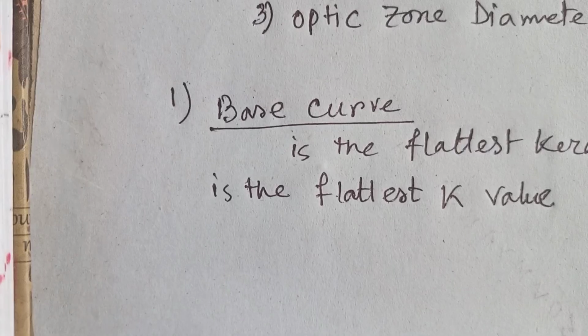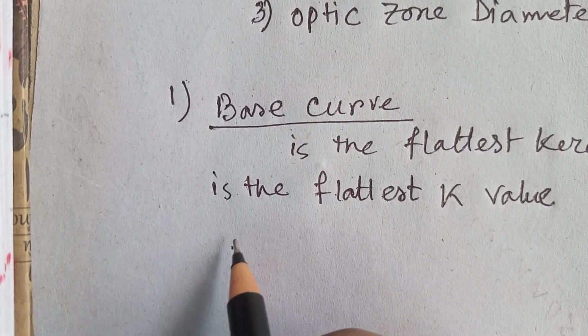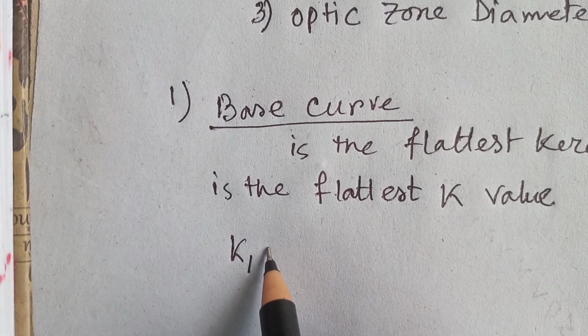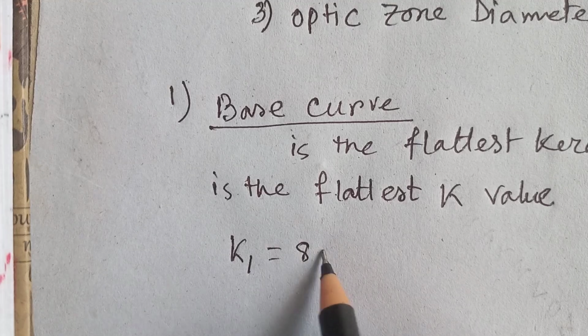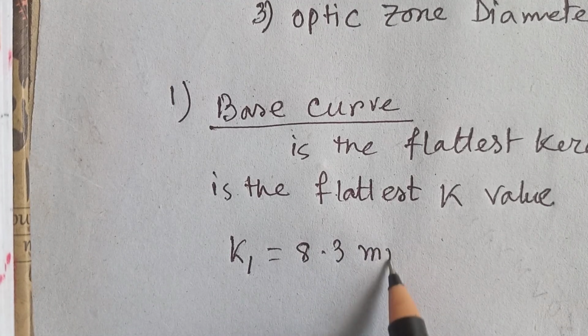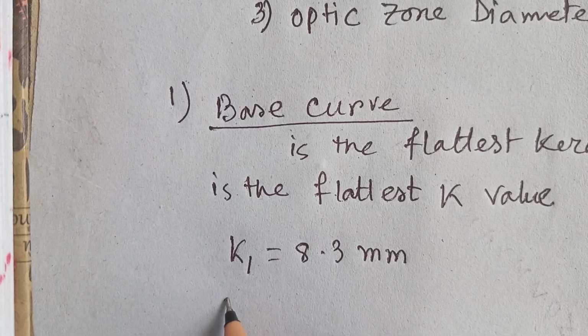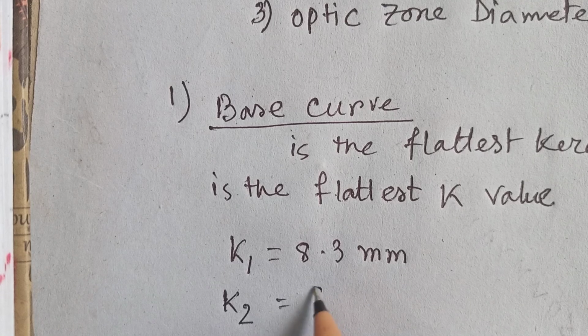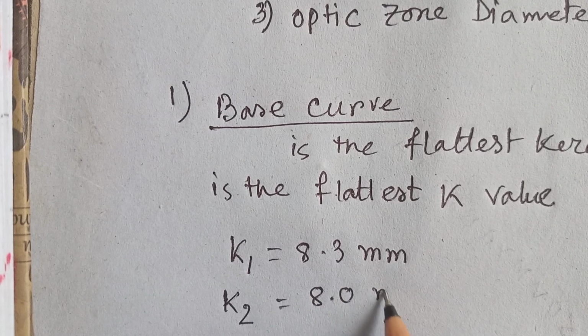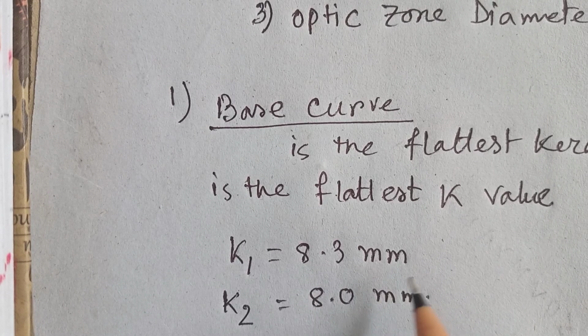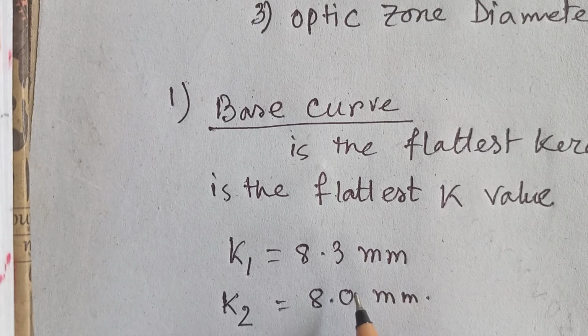Let's suppose you find the horizontal value, the K1 value, is 8.3 millimeter, and the vertical value, the K2 value, is 8.0 millimeter. Now you need to choose the base curve. According to the rule, the base curve is the flattest keratometric value, the flattest K value.